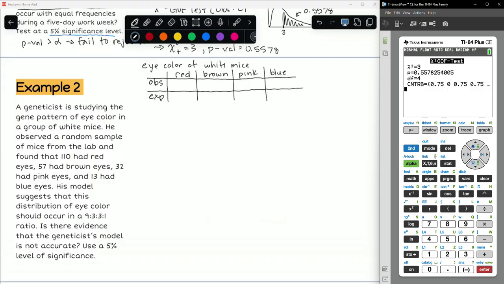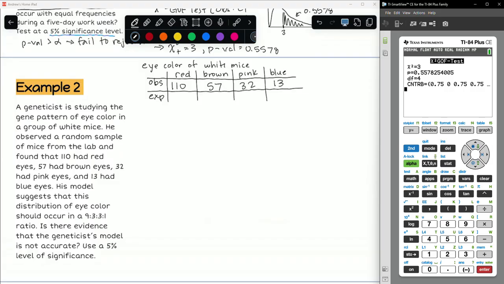And first I'm going to go ahead and list what we were given. So in the sample, we had 110 mice with red, 57 with brown, 32 with pink, and 13 with blue.